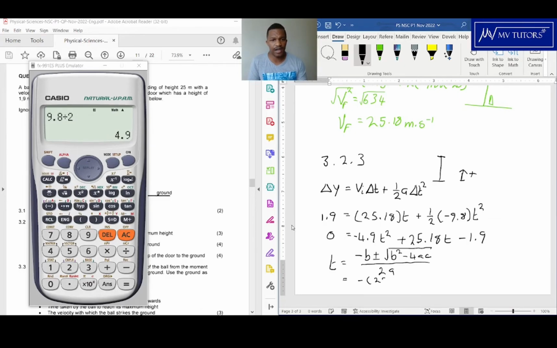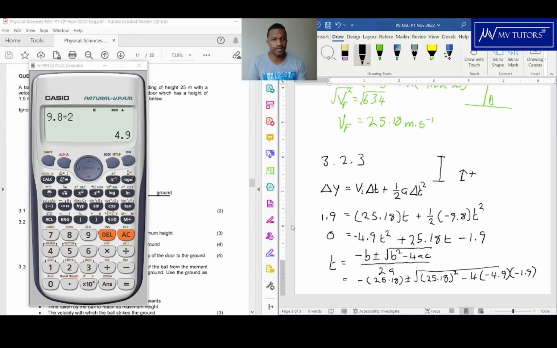It's 25.18, plus or minus the square root of b squared, once again 25.18, close that bracket, square it, minus 4, the value of a is minus 4.9, and the value of c is minus 1.9.